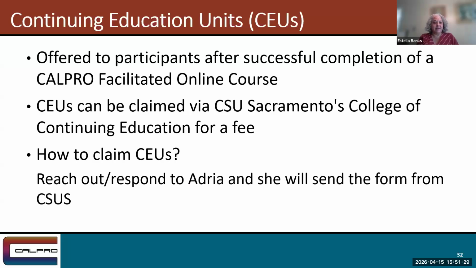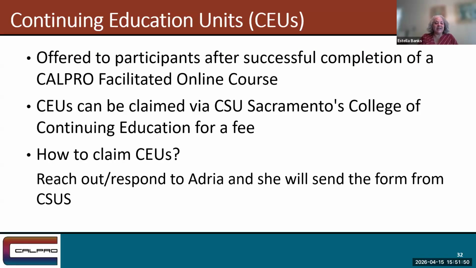Okay, so this is a reminder that once you have successfully completed your facilitated online course, you can apply for CEUs through Cal State University Sacramento's College of Continuing Education for a fee. So how do you claim a CEU?